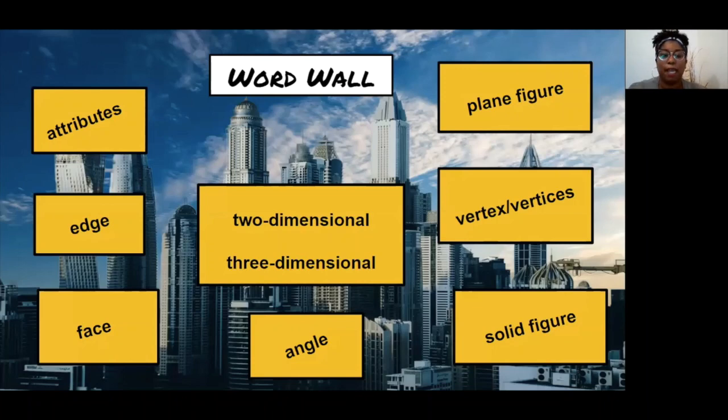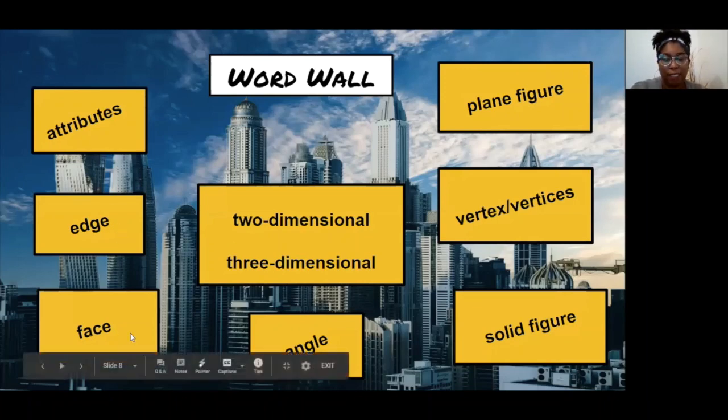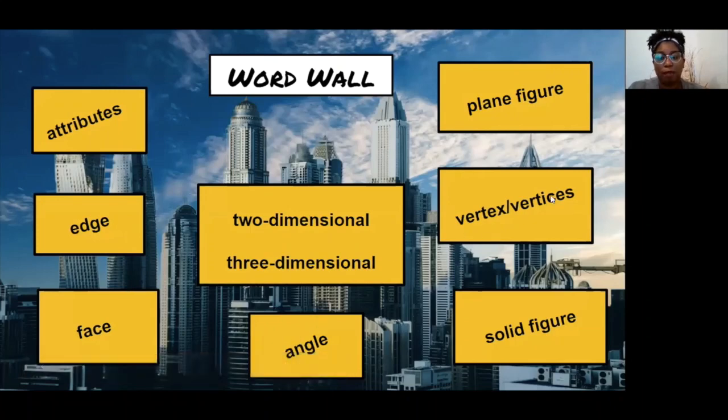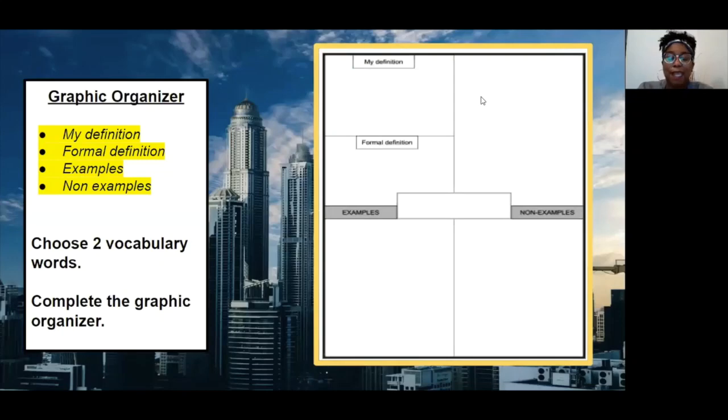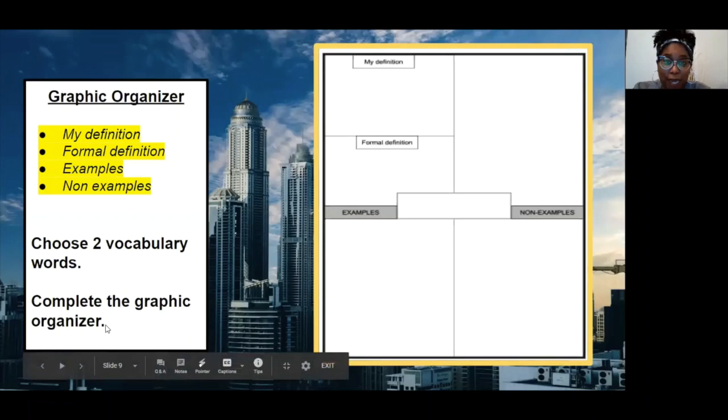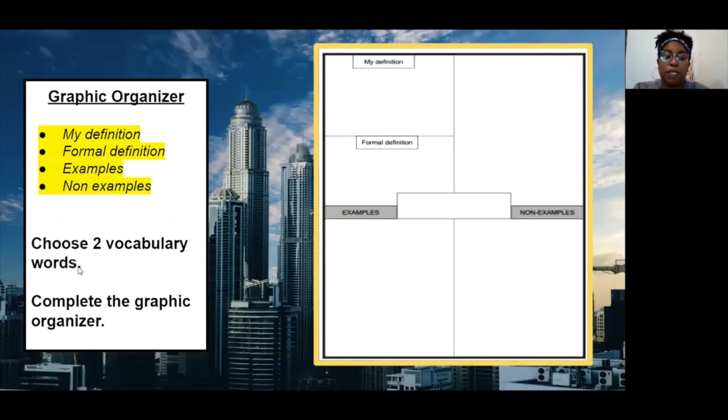If you said edge, face, angle, vertex, or vertices, you're absolutely correct. Here's what I would like for you to do. Choose two vocabulary words, any two that we've used throughout the lesson, to complete the graphic organizer.